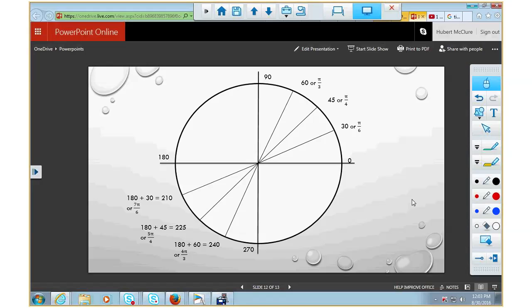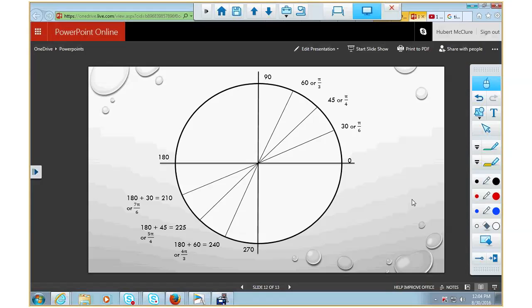Simplify it, and then you've got your 7 pi over 6, 5 pi over 4, 4 pi over 3. There's no memorizing. Okay? If you try to memorize it, what's going to happen is you're going to forget it, and then it's going to be gone, and you're going to have to re-memorize it because you memorized it before. It's better just to learn it.